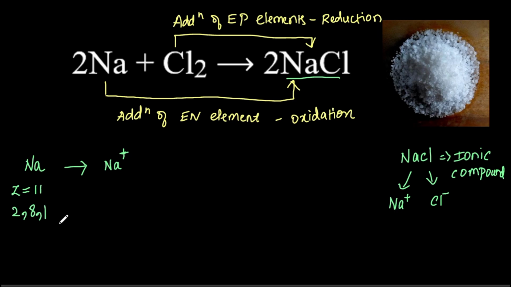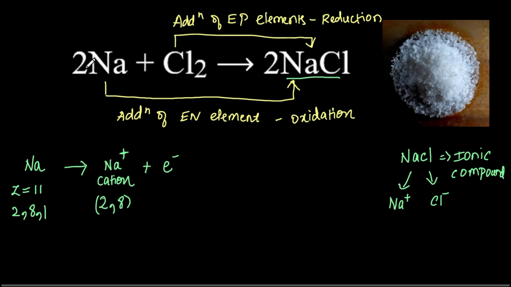So, to attain stability, sodium loses the 1 electron from its valence shell and it is converted to the cation. So, by the loss of 1 electron, sodium is converted to cation. In cation, it is having the stable configuration 2, 8. So, this is what happening in this reaction.